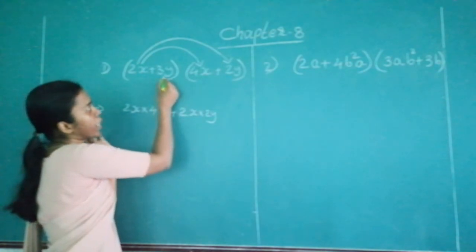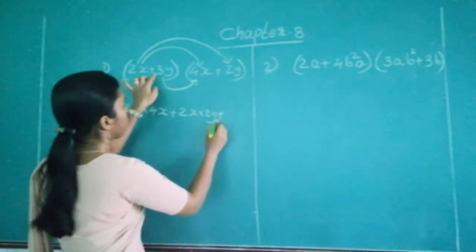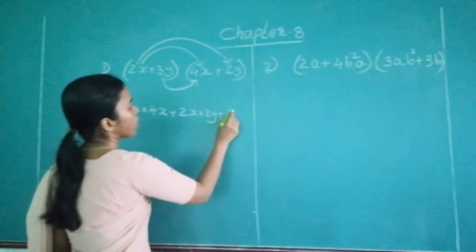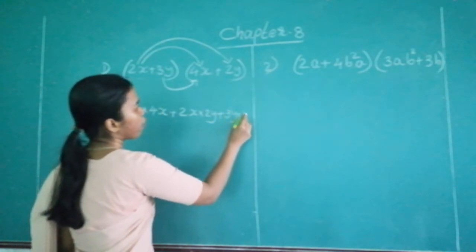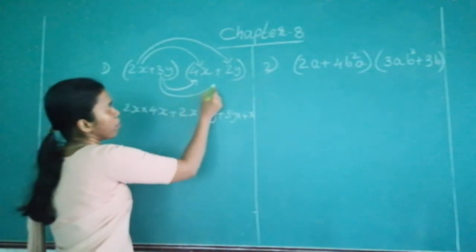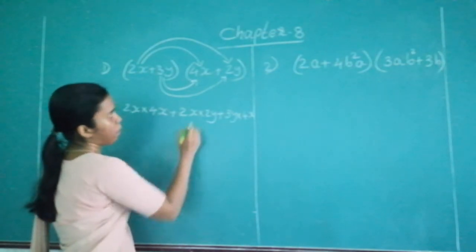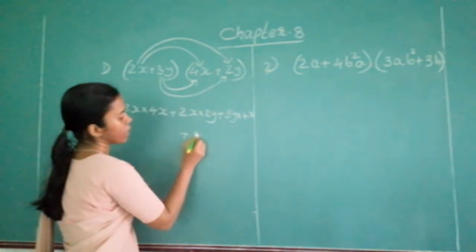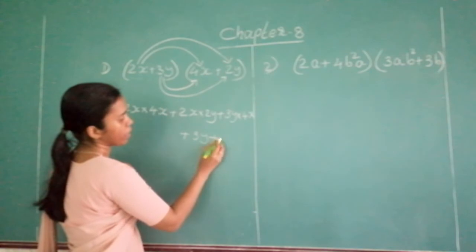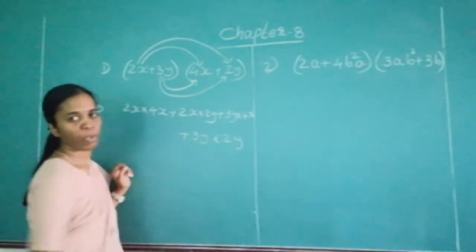Now we will go for the second term with the first, that is again plus 3y multiplied by 4x. Now with the second term we have to multiply the second term, that is both are plus, so plus 3y into 2y.